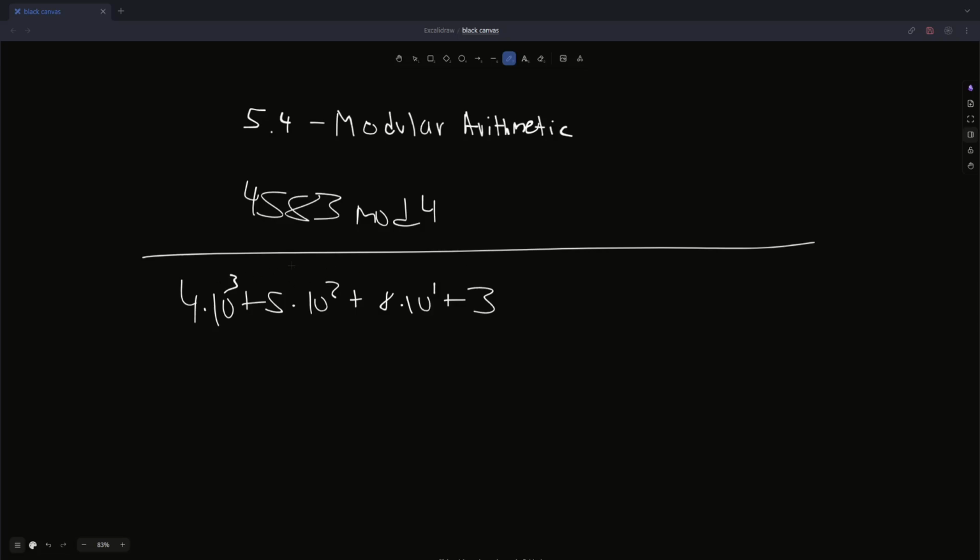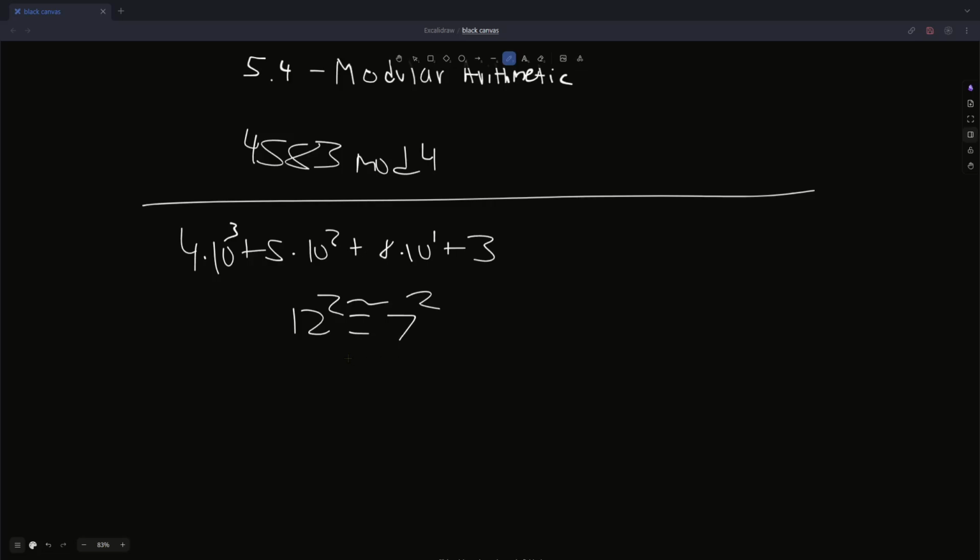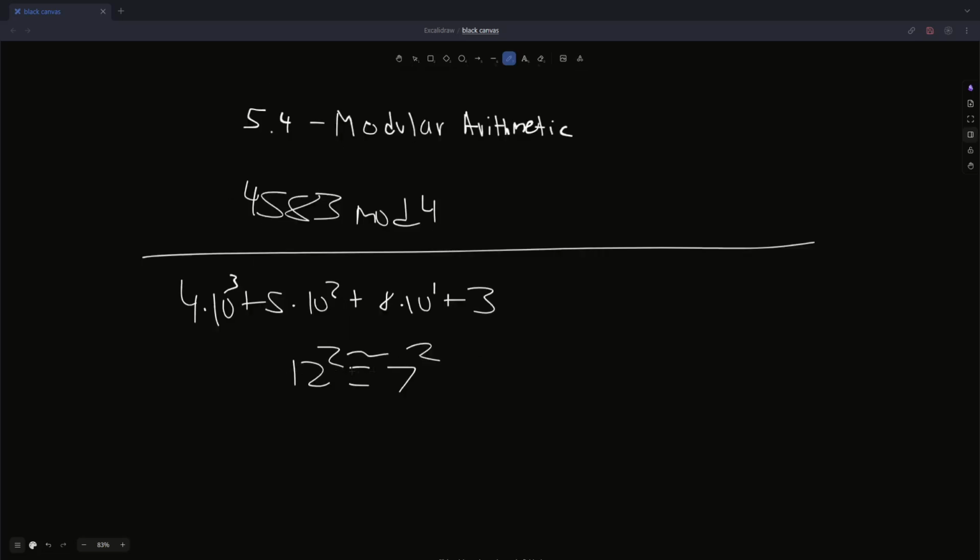And so one interesting thing you can note here is that congruency, or rather multiplication and raising things to powers, will actually preserve congruency through the operation, right? So if we have 12 squared and it's congruent to 7 squared, by some mod, squaring them actually won't affect the congruency. And that of course applies to higher powers as well.